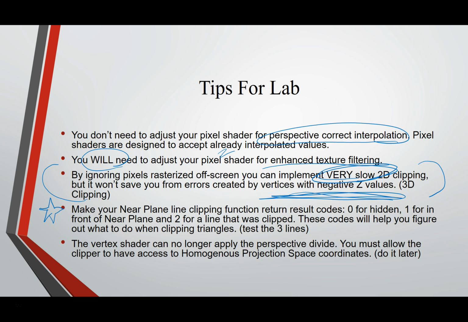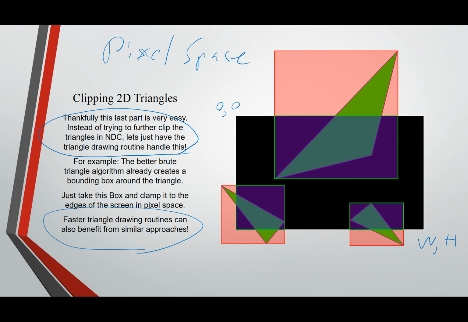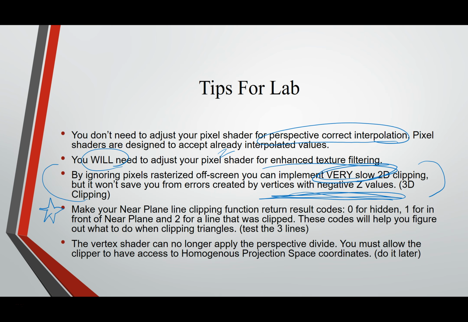Not only will you have clipped lines potentially come out of the functions, you will know which lines were clipped and in what way, or if they're hidden, or if they're in front of the screen. And then that will help you make the logical decisions necessary to split up the triangles, or to just return, or just to adjust them. So that is super valuable. These codes are super valuable to help you compute the right logic of what to do with your triangles.